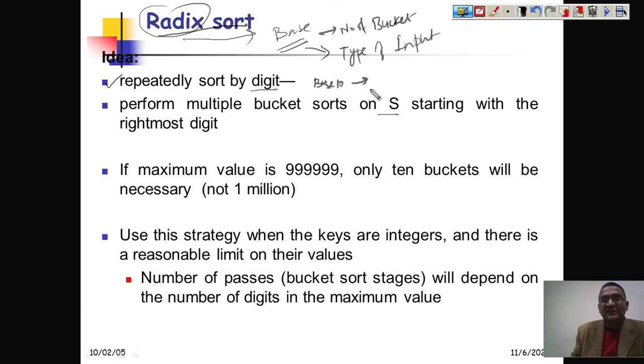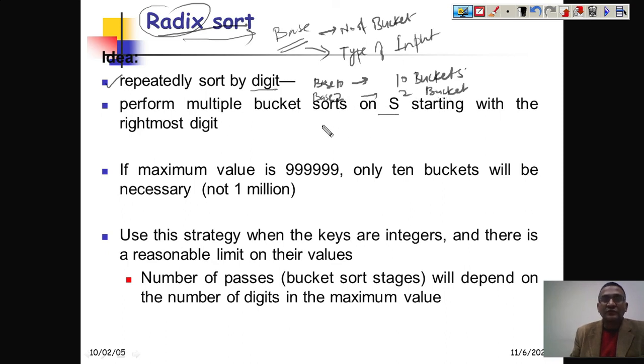So in that case, we need only 10 buckets to sort the given elements. We are no longer dependent on the highest value of the given sequence. Let's say if you want to apply bucket sort on binary numbers, in that case we have base 2 and you need only 2 buckets.